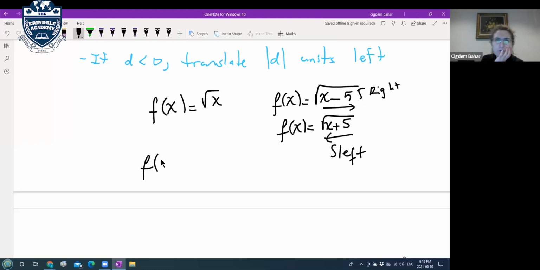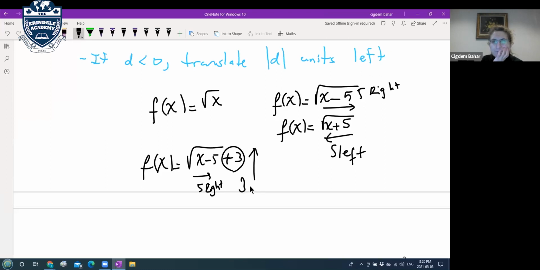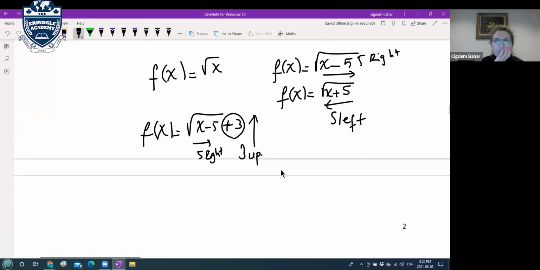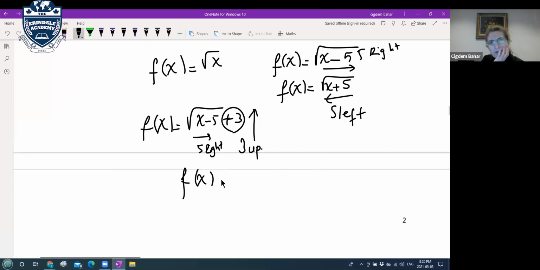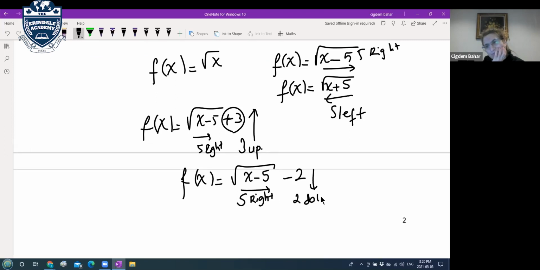If you see a C value outside, this is 5 right, 3 up. If you have right hand down, then this should be negative. So 5 right, 2 down. If this is negative, the graph is shifting left, down.